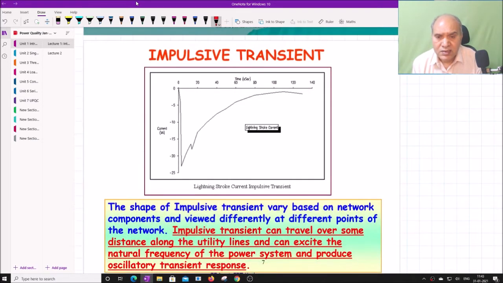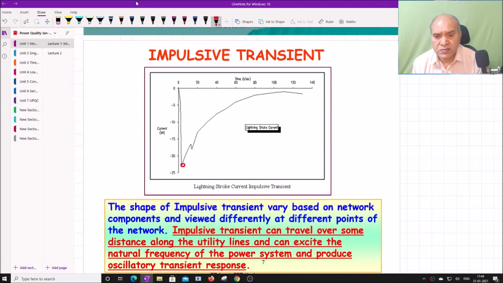This figure gives you an idea of what an impulsive transient looks like. You can see that the magnitude is quite high for a small period of time, and then it decays almost exponentially.